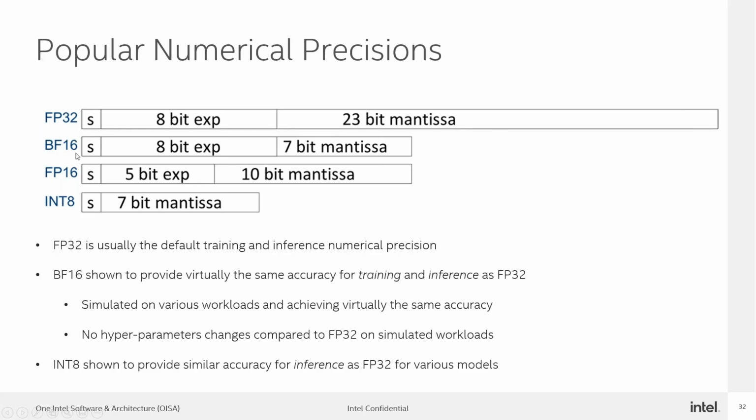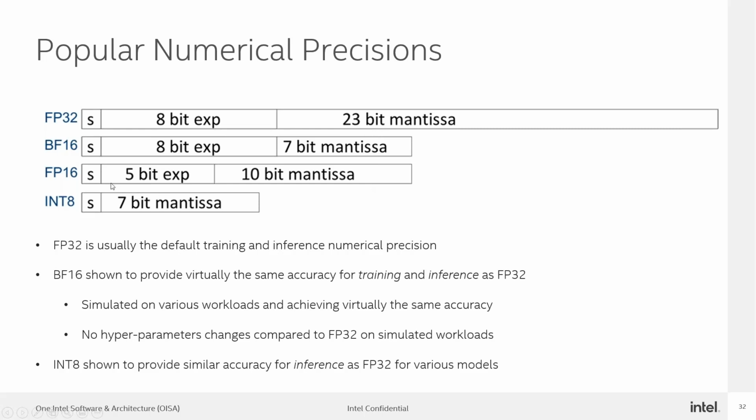For bfloat16, because we need to consider compatibility with FP32, we keep the same sign bit, the same number of bits for the exponent part, and we use only 7 bits for the mantissa part. For the float16 data type, they use 5 bits for the exponent and 10 bits for the mantissa.